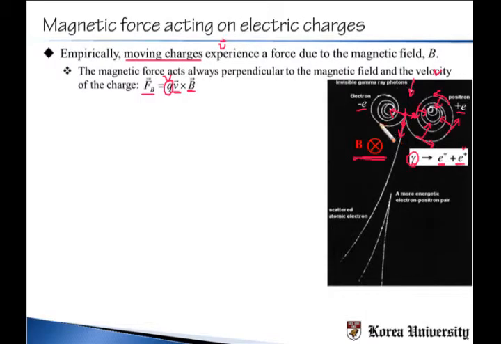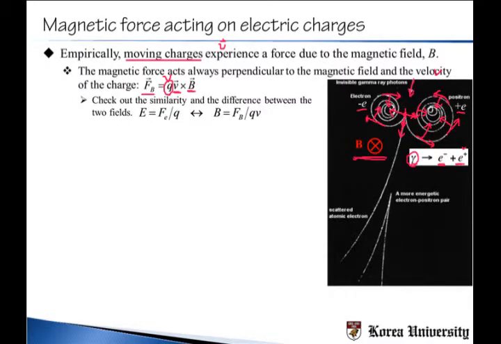And so as a result, after a certain time, the velocity will be pointing this way, but then the magnetic force will be like this, and then for velocity going like this, magnetic force will be acting like this. Okay, so situation is the same between electron and positron, only the difference is their sign of the charges. As a result, the force will be opposite.